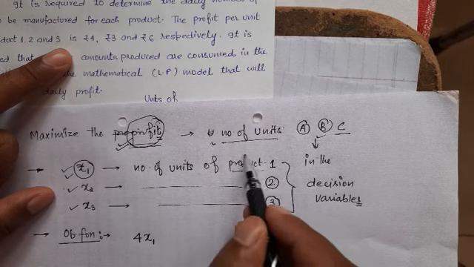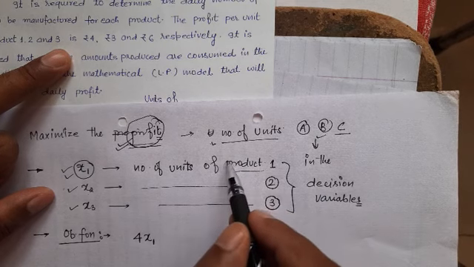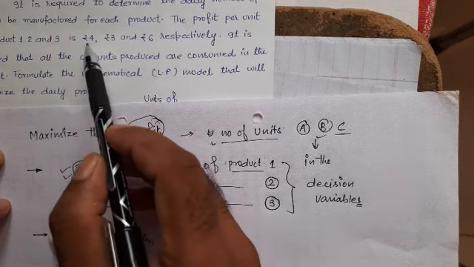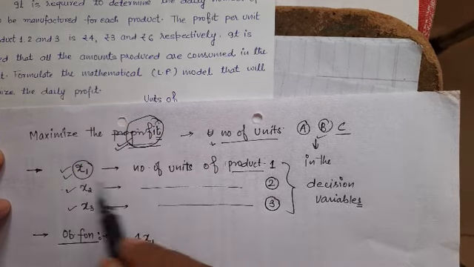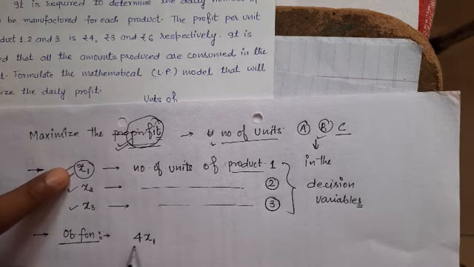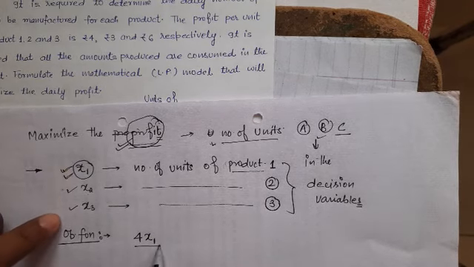When 1 unit of product A is sold into the market, it gives a profit of 4 rupees. So there are x1 such units of product A, so the profit will be 4x1.